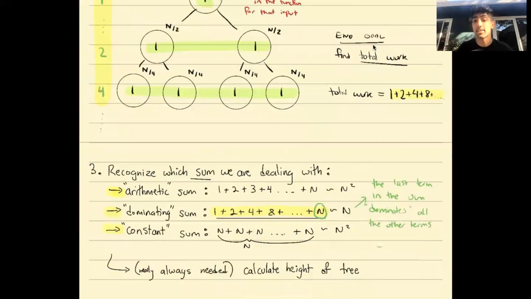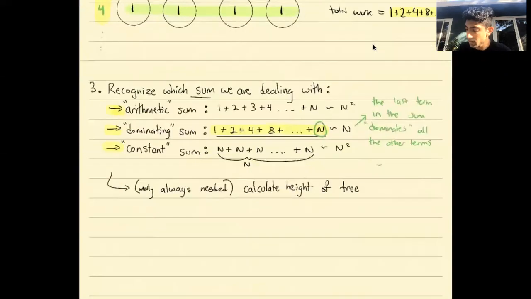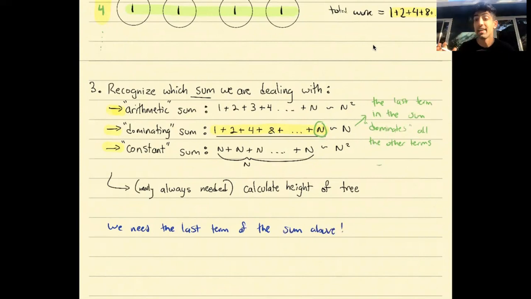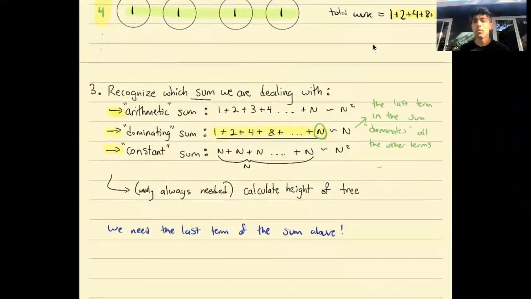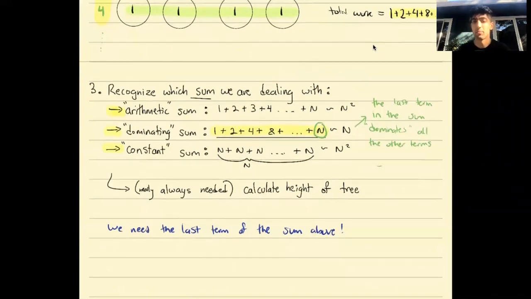So to recap, we need the last term of the sum above. And if we find the last term, that's going to be the runtime of our function. I think that's really cool. So how are we trying to figure out the last term of this sum?